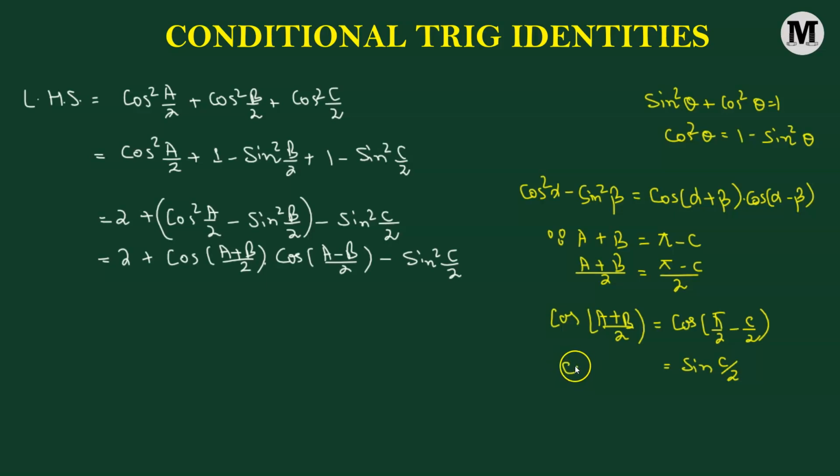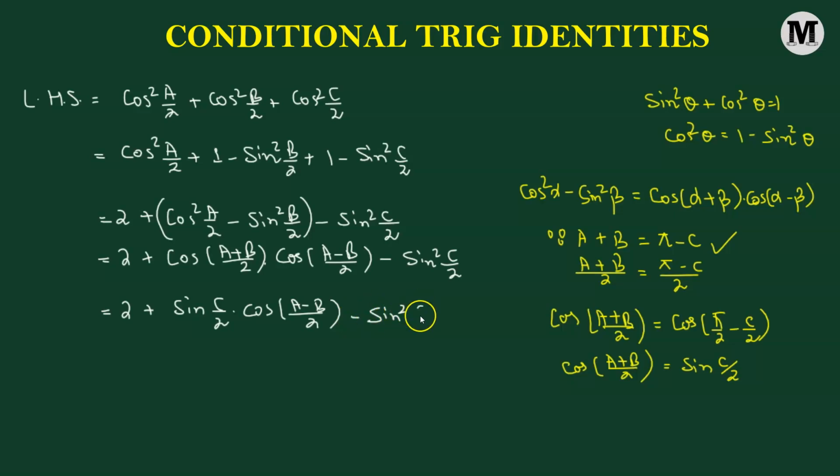In other words, we have shown that cosine of A plus B over 2 is exactly the same as sine of C over 2, provided that the sum of the angles A, B and C adds up to pi radians. So we have 2 added to, now in place of cosine of A plus B over 2, we replace it with sine C over 2 multiplied by cosine of A minus B over 2 minus sine squared C over 2.